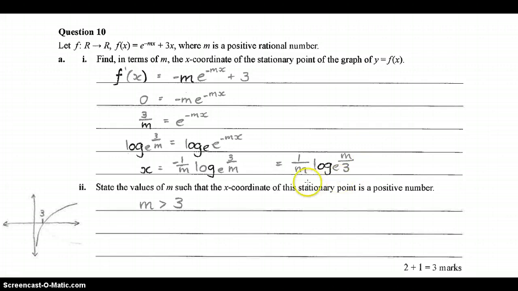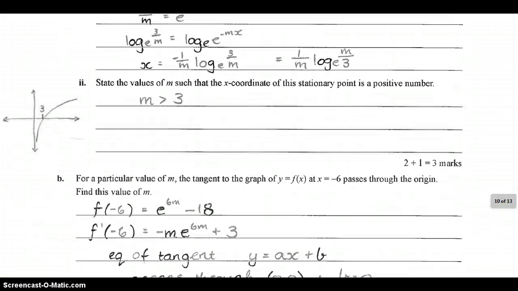And the reason we might want to do that is because it might make the next question a little bit easier. So we want to state the values of m such that the x-coordinate of the stationary point is a positive number. Might be a good idea to sketch the graph. So 1 on m log e of m on 3 would just look something like this. So a log graph looks like that.